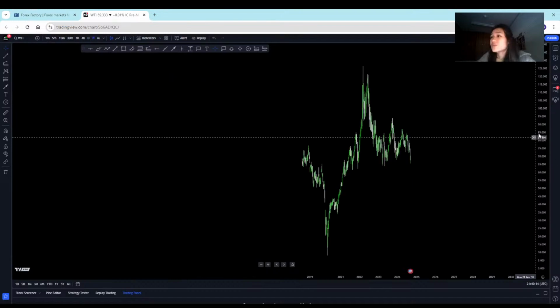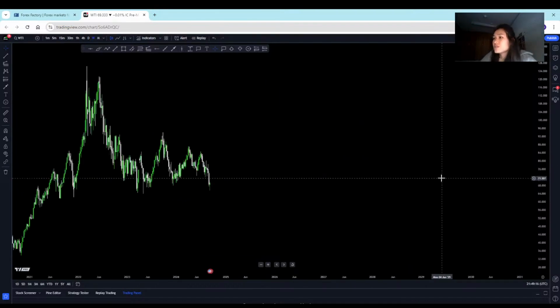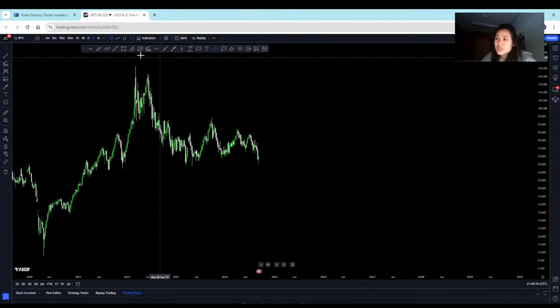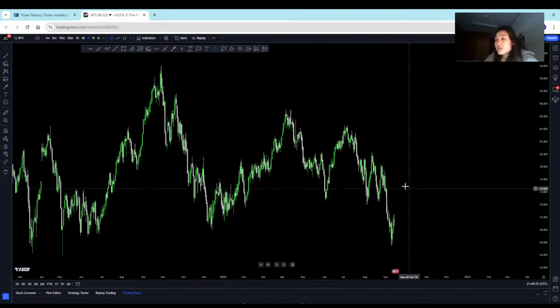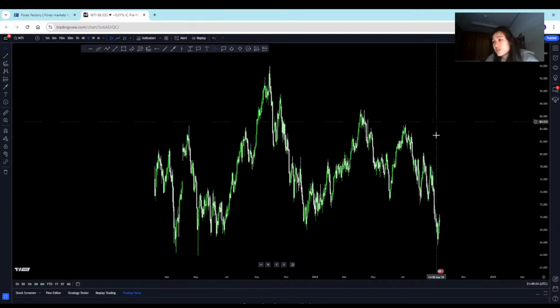So on our weekly time frame, prices are generally moving downwards. On our daily time frame, you can also see prices moving in a downtrend.